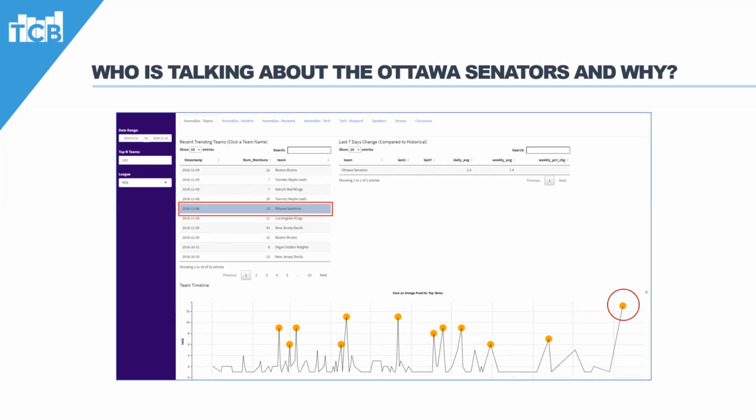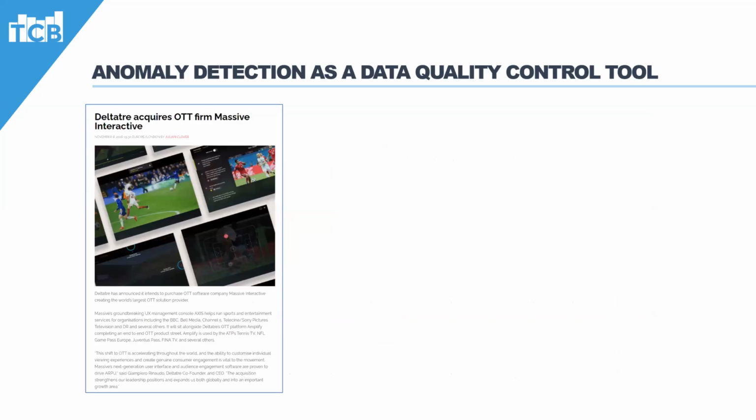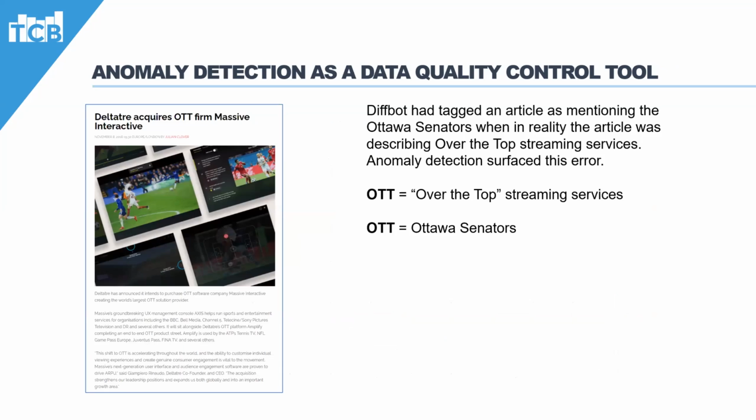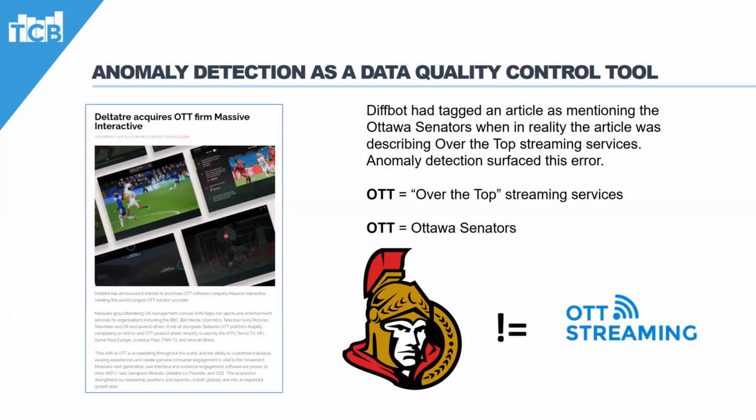So we looked into it. It turns out that there was a big acquisition of what's called an over-the-top streaming company. Diffbot had tagged this over-the-top streaming service as OTT, because that is the abbreviation for it. OTT is also the abbreviation for the Ottawa Senators. Auto centers are not the same as OTT streaming.